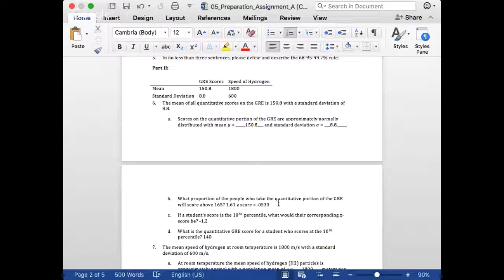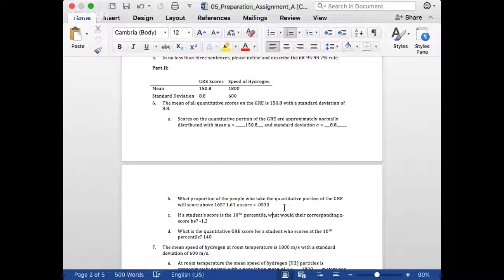Then it'll give you the answer up at the top where it says area. But make sure you highlight the part after the line because you want everything that's greater than that number.